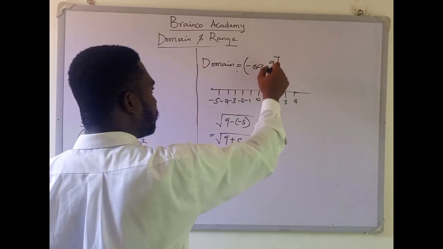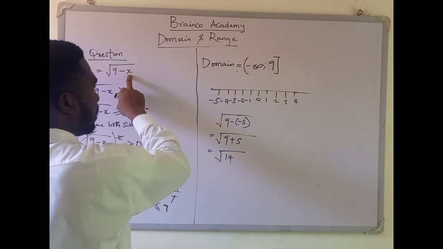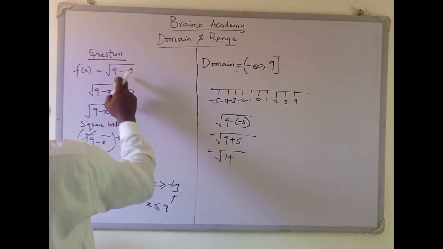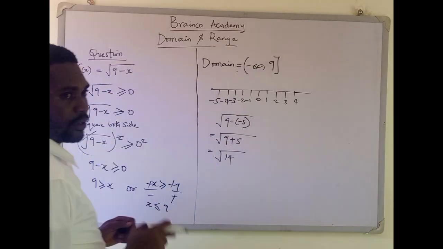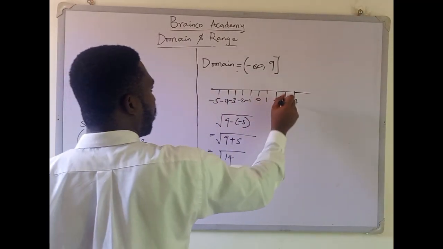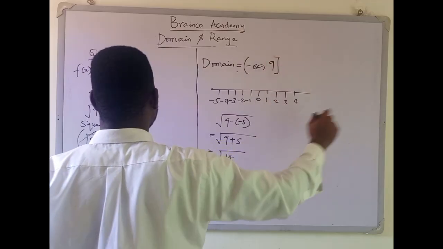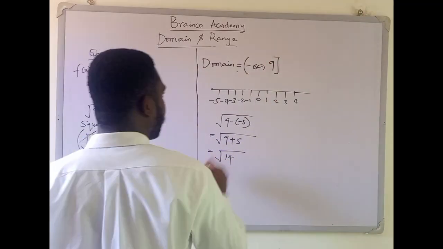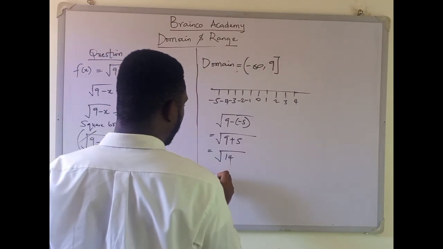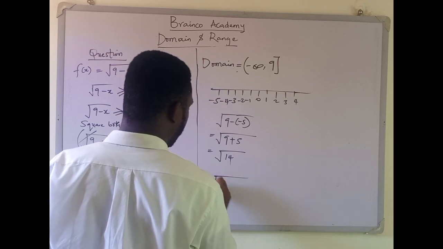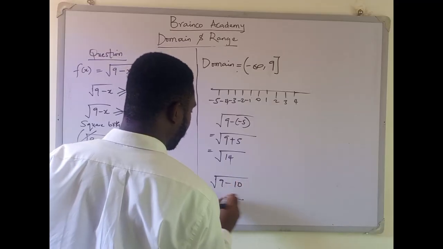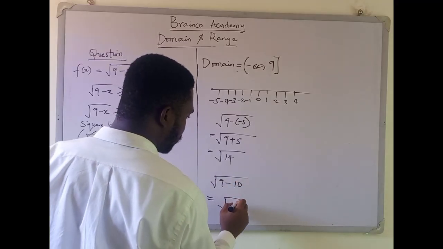Now, if you try 9 here, it will work. You have 9 minus 9, you have 0. So from negative infinity up to 9, the function is defined, but for anything greater than 9, this function will not be defined. Let's say we try a number above 9, like 10: we have the square root of 9 minus 10, which is a negative number, minus 1.